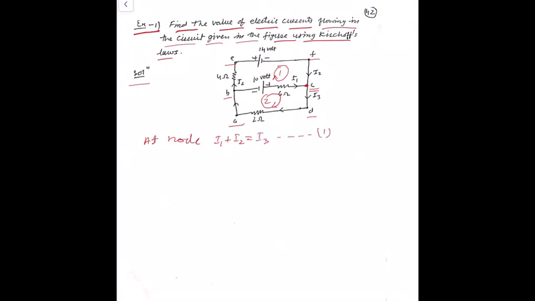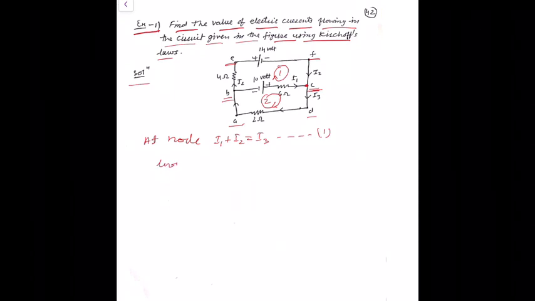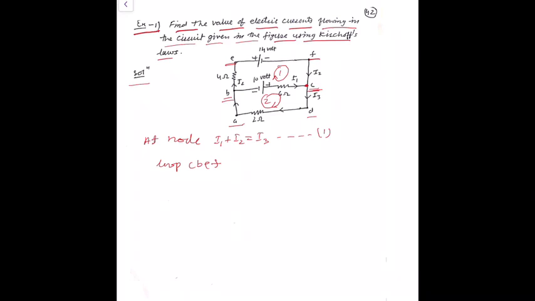It is equation 1. Applying Kirchhoff's loop law in loop C, B, E, F: minus 4 I2.